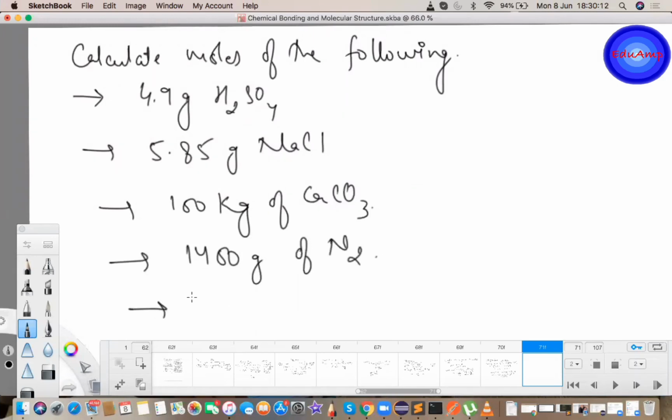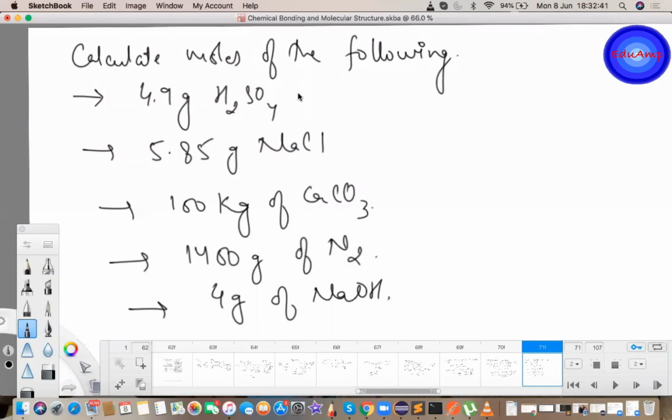And fifth, let's take an example of, which would be your favorite one? I guess NaOH. So 4 gram of NaOH, because this is my favorite. Quickly calculate moles. Okay, let's start.